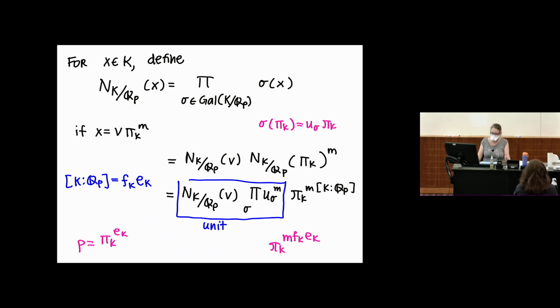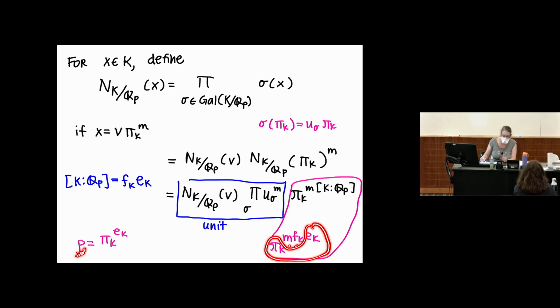That's one way you can define this e_K. I was just rewriting this. And now I'm going to take the valuation. The valuation of the unit is 0, in the p-adic valuation with this p.